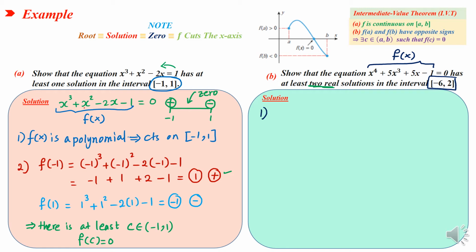So you have to check the conditions of the IVT. Firstly, f of x is a polynomial, which means it is continuous everywhere. So it is continuous on the closed interval from -6 to 2. So the first condition is satisfied for the function f.